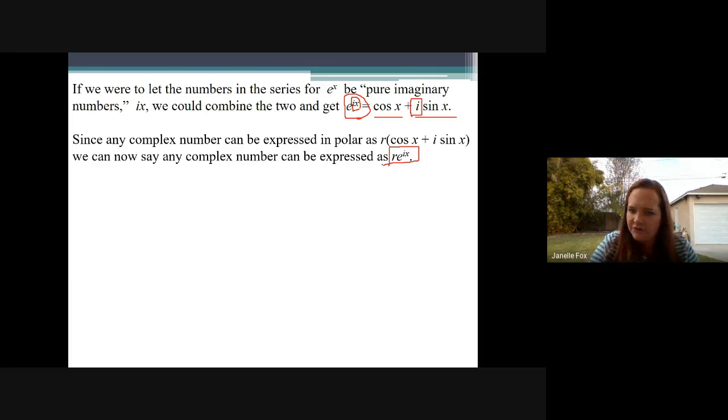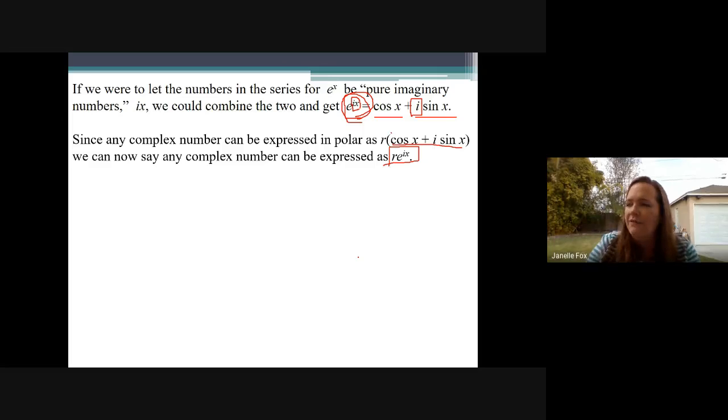It's actually kind of smooth. Because the cis part right here, cosine x plus i sine x, is the same thing as e to the ix, we're just going to replace all of this right here with the e notation and slap the r in the front. It's kind of cool.